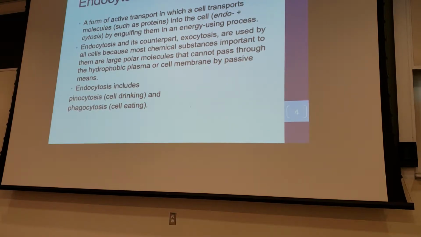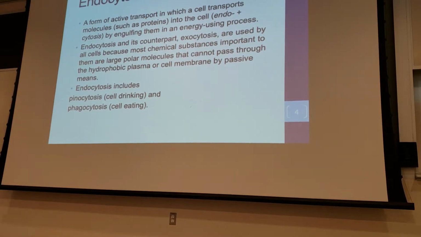Endocytosis is kind of the reverse process where it's active transport of things such as proteins that are now going to be coming into the cell. So from out of the cell into the cell. And we do it this way because small things like gases, they can diffuse across the membrane pretty well.